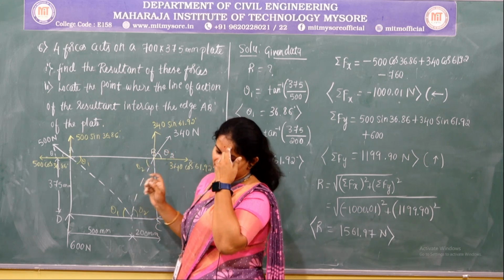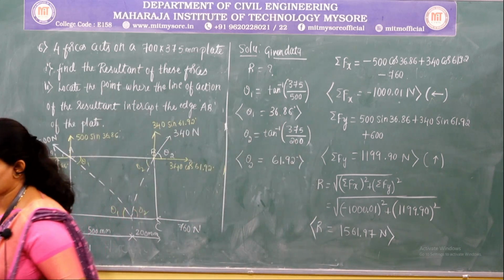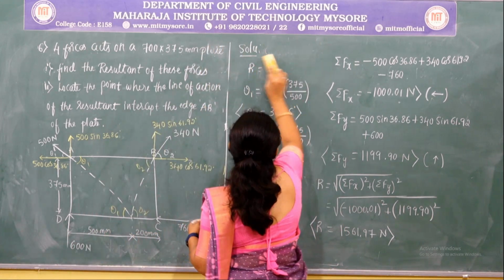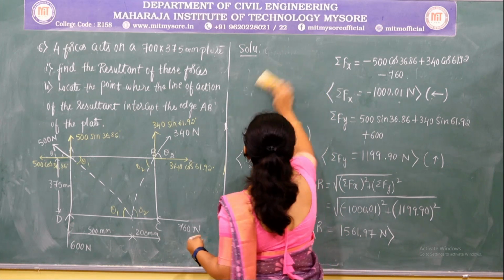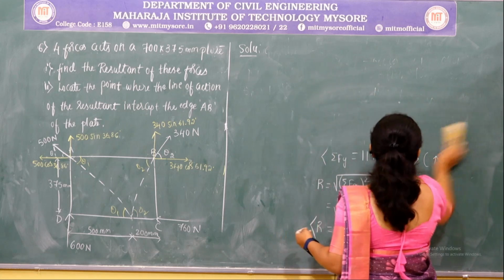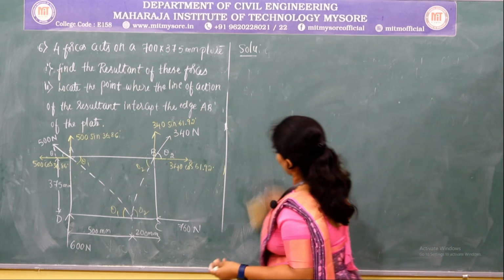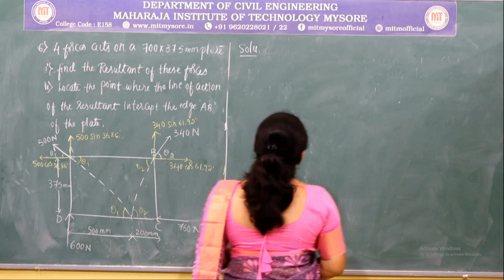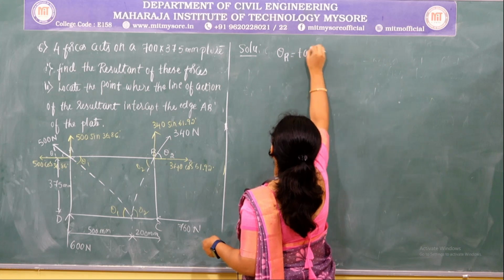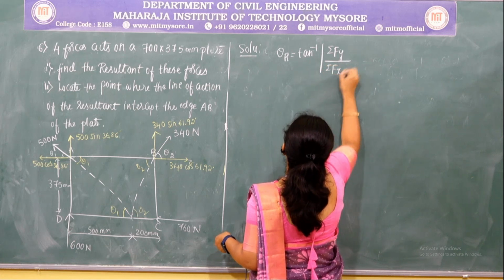For that we shall consider the moment of all the individual forces about point A or B. But before that, we find the direction of the resultant, that is theta r equal to tan inverse of mod of summation of Fy divided by summation of Fx.